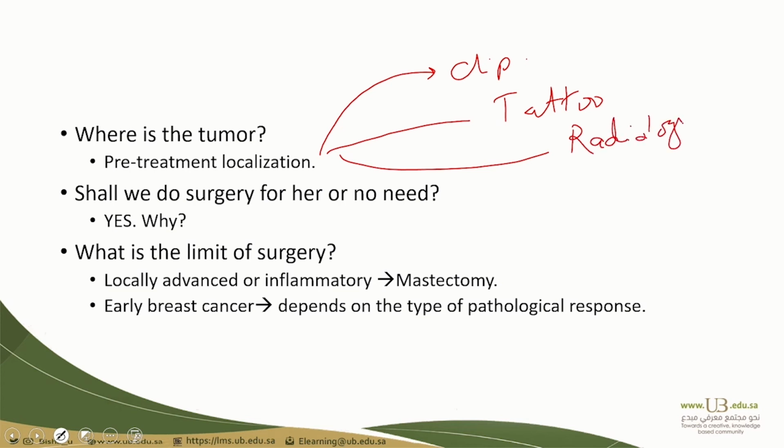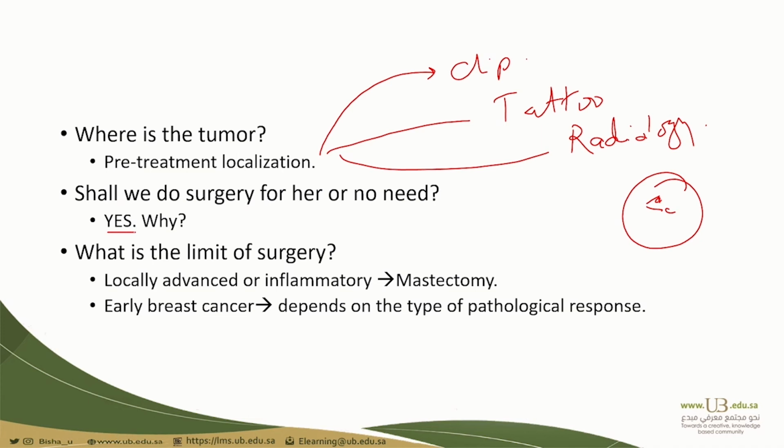You will fix a point, for example the nipple, and say the tumor is 3 centimeters away and 5 centimeters deep, and this is the area where I will take the biopsy from if I cannot find the tumor anymore.